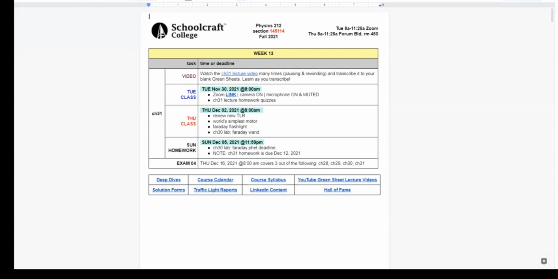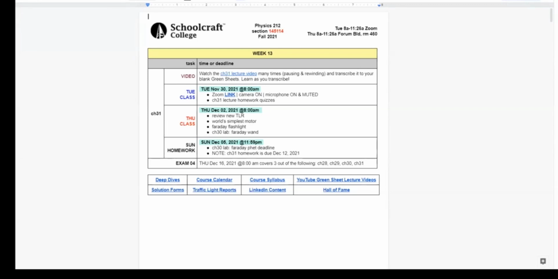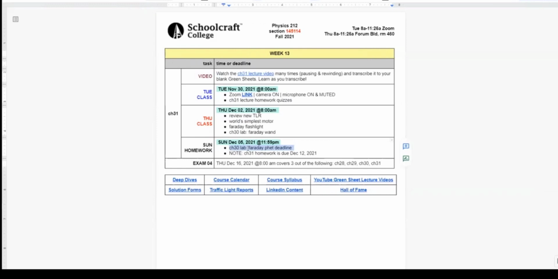This coming Sunday, December 5th, you have a pretty hefty simulation due, but it's not going to be crazy. The chapter 31 homework is not due this Sunday but the following Sunday. So as long as we're here, here's our remaining semester.